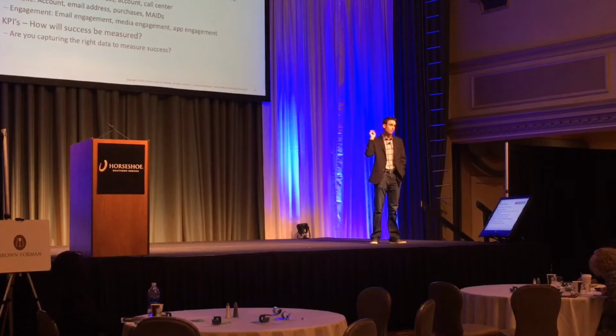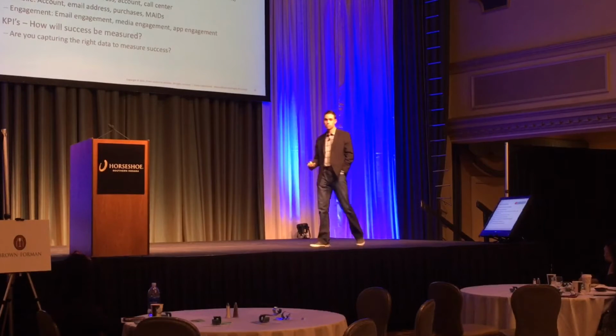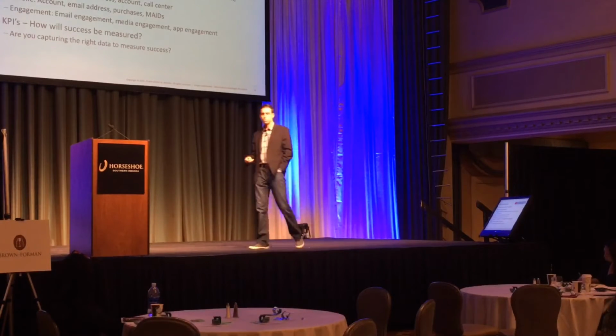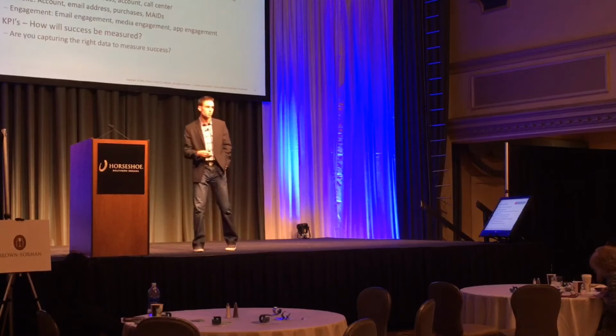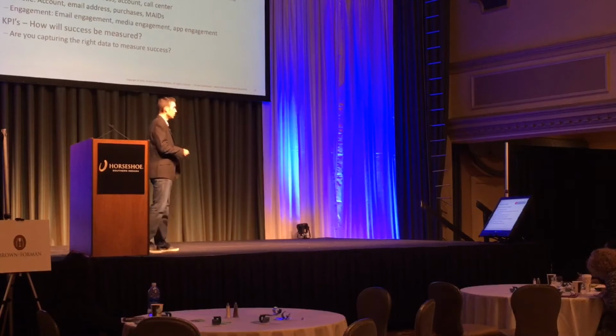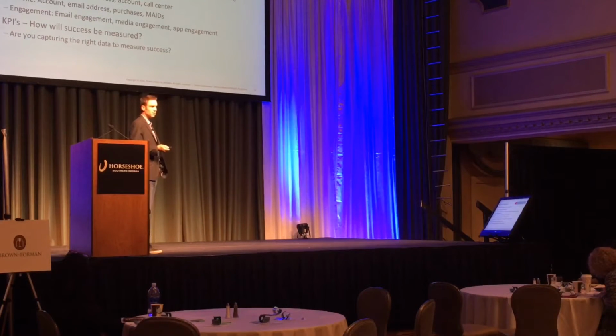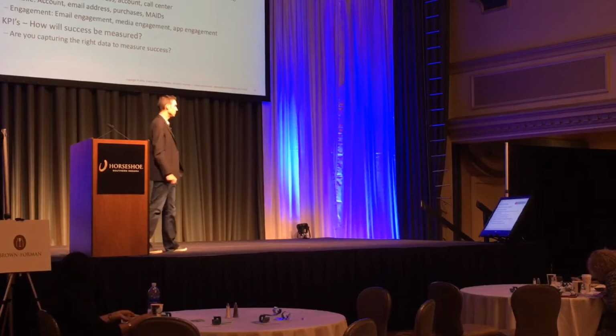Because if you don't have data that ties back to that, you won't be able to measure, are your efforts actually producing what you need? Are they driving more leads? Are they coming back and purchasing more often? Are you reducing churn because of your efforts? So think through the kind of data you need, the kind of data you want, prioritize that data, and start slowly working your way through the information that you want to start building these profiles.